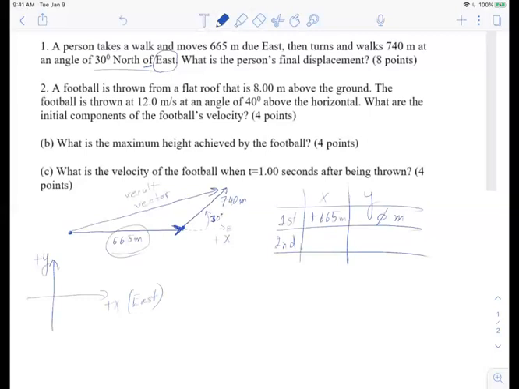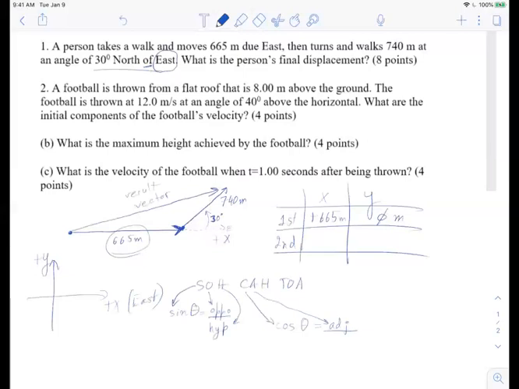Now the second vector, I don't know the X and Y components. I have to calculate them, so you can use SOHCAHTOA. Sine of the angle is equal to opposite over hypotenuse. Cosine of an angle is equal to adjacent over hypotenuse, adjacent meaning right next to you, touching.